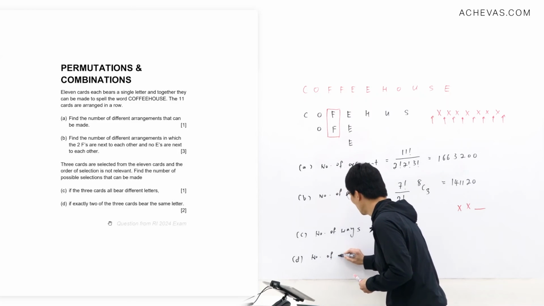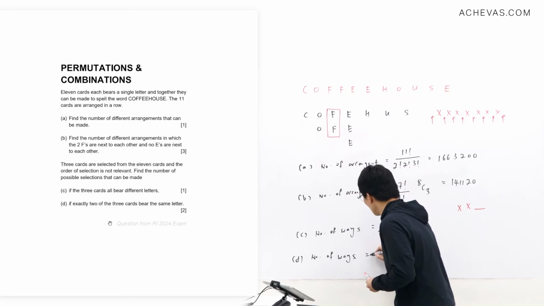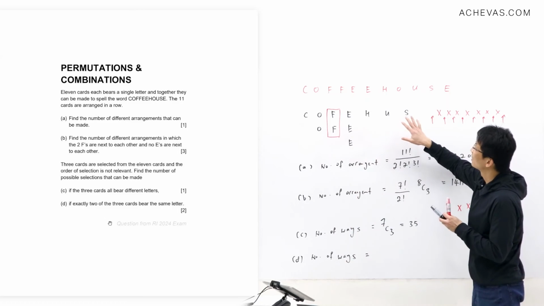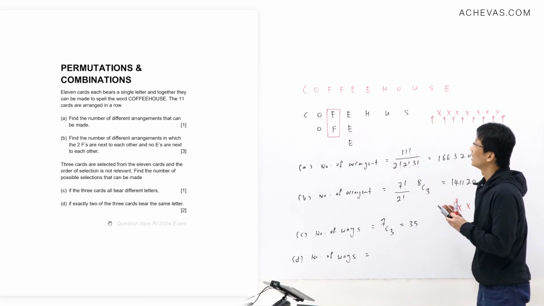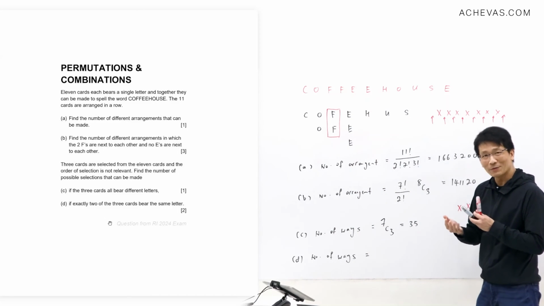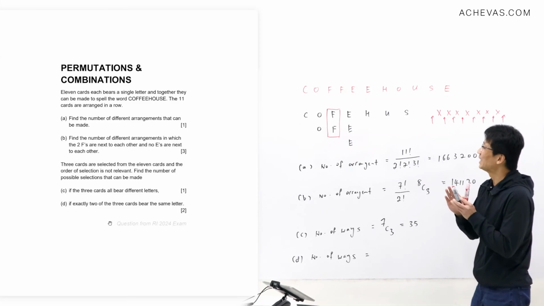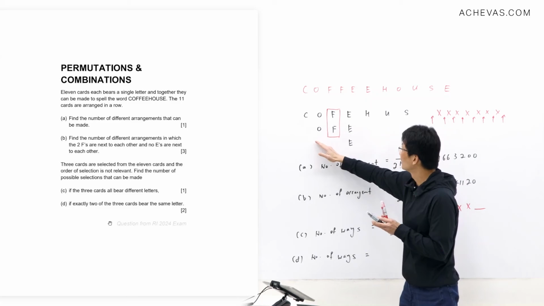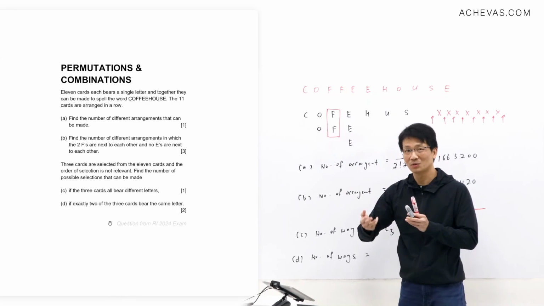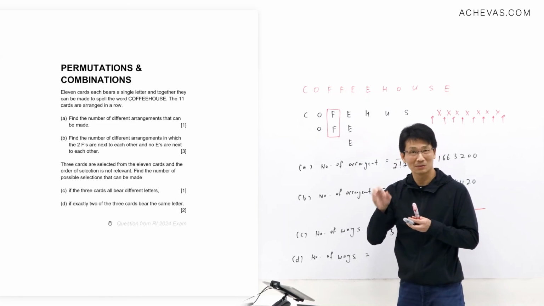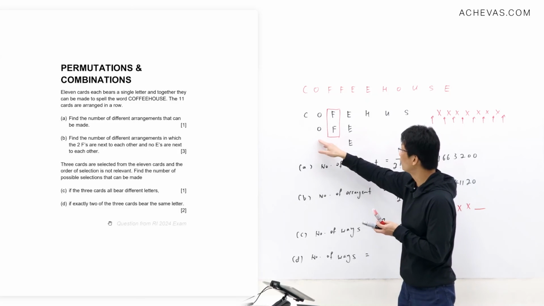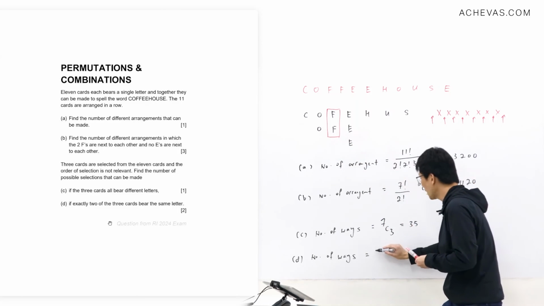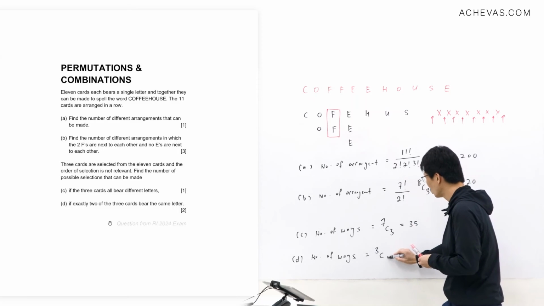Number of ways. Out of these 7 letters, if I want 2 of them to be exactly the same, it should only come from the letters that are repeated. So we have only 3 choices to select 2 cards which bear the same letter, which is coming from O, F, or E.